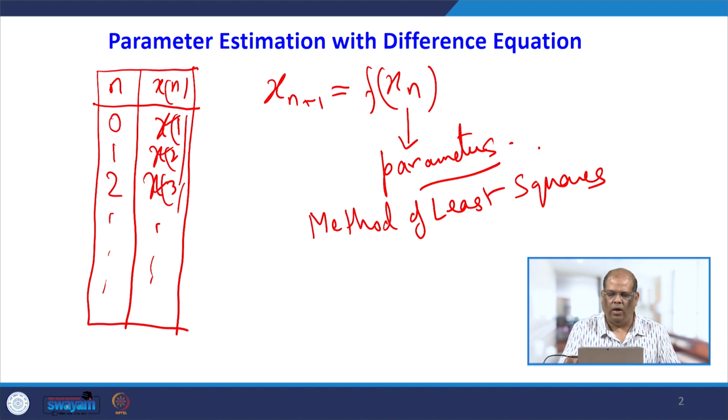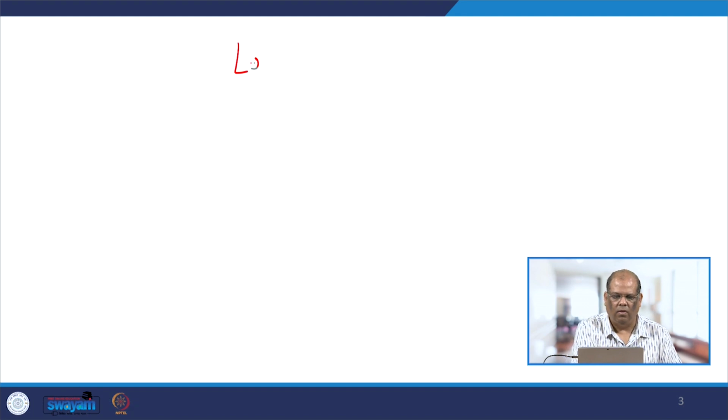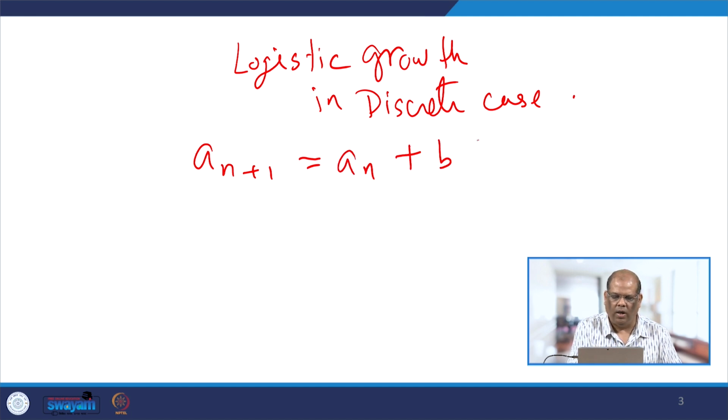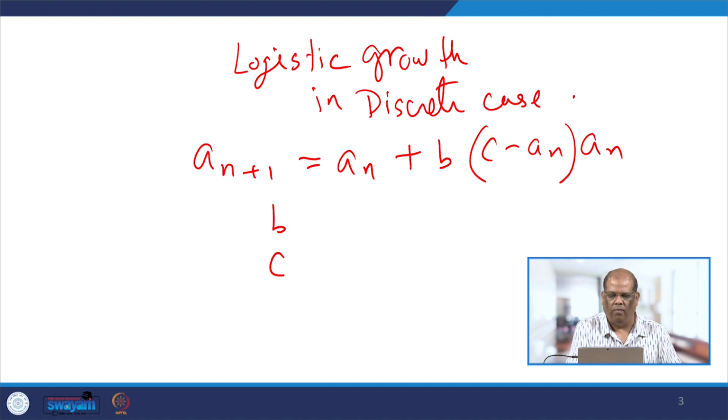So, straightforward, we go to the Excel spreadsheet, but before that let me tell you what equation we will be doing. I will be taking the logistic growth equation in the discrete case, and the equation looks like a_{n+1} = a_n + b(c - a_n)a_n, where b and c are unknown parameters.